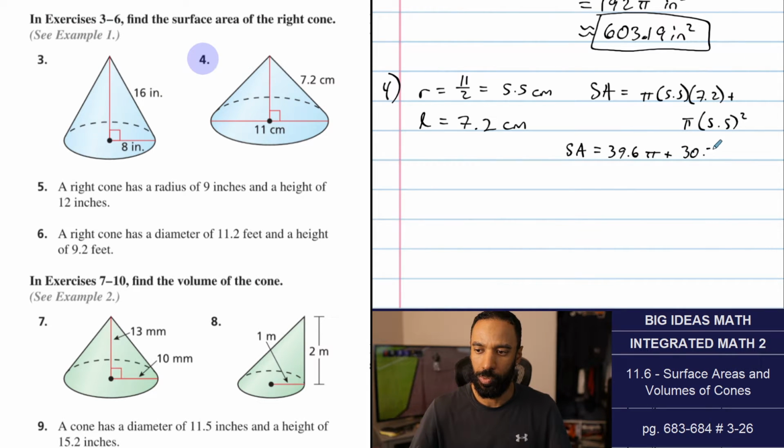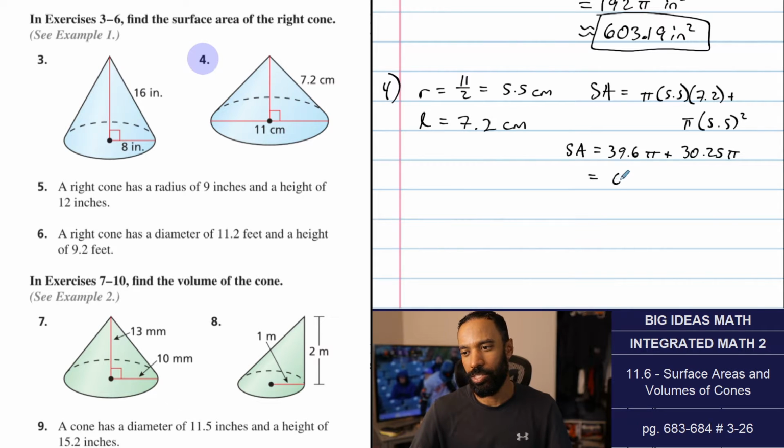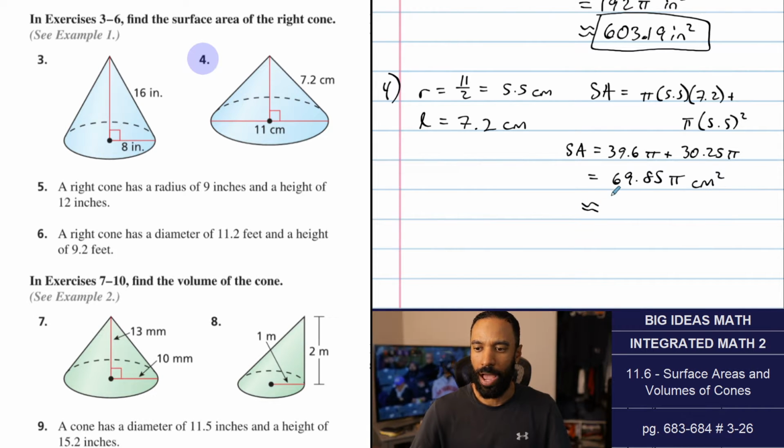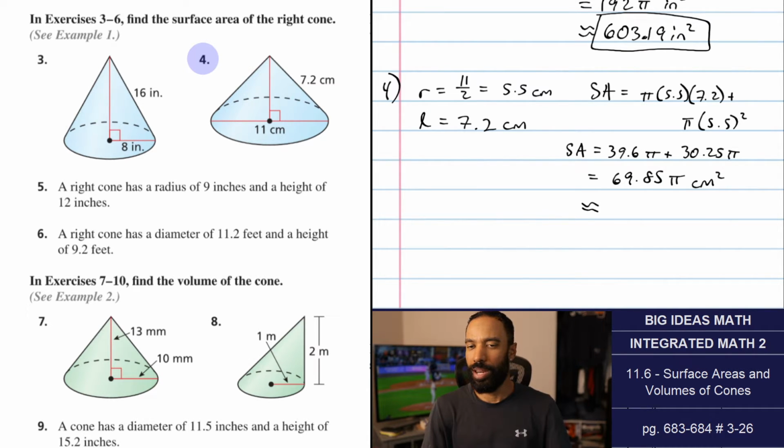So as a whole, that is 69.85 pi square centimeters, and that will round to 219.44 square centimeters.